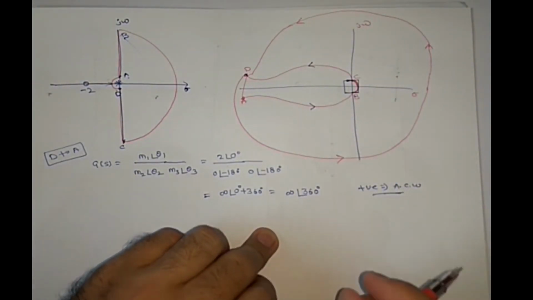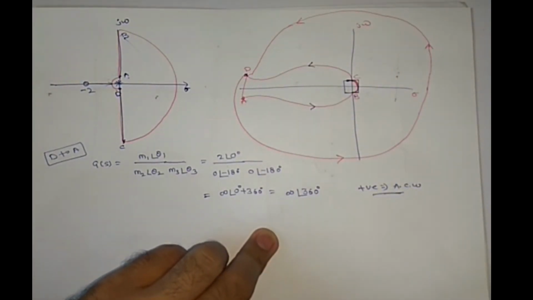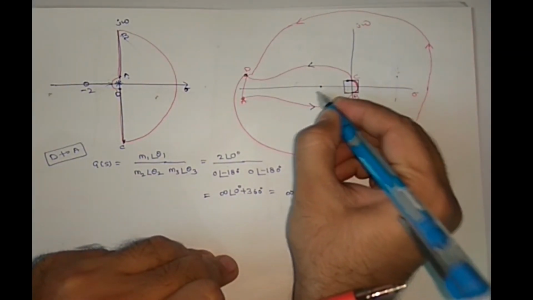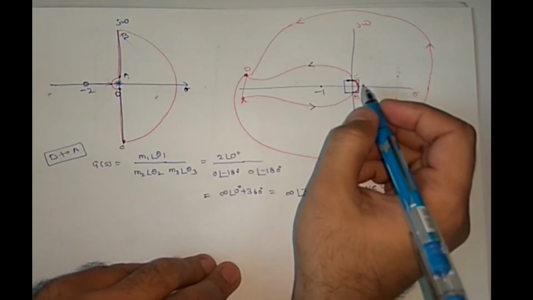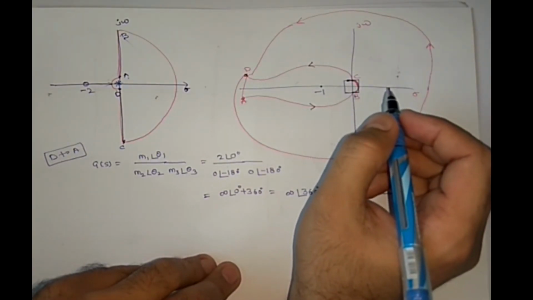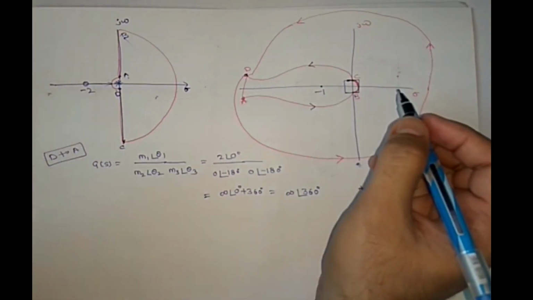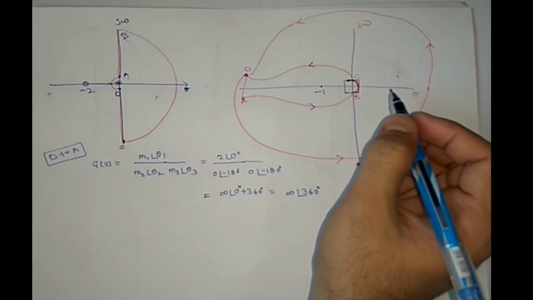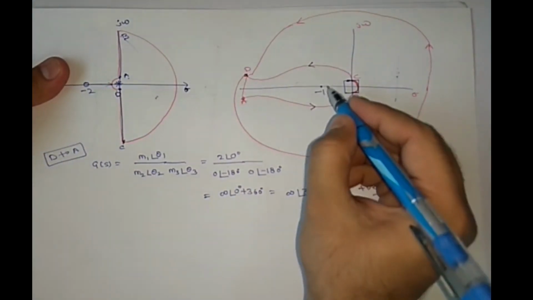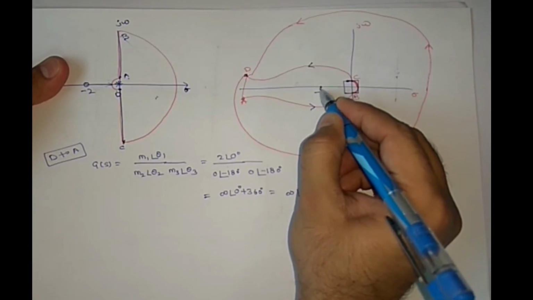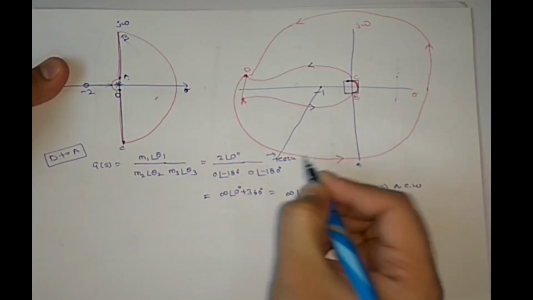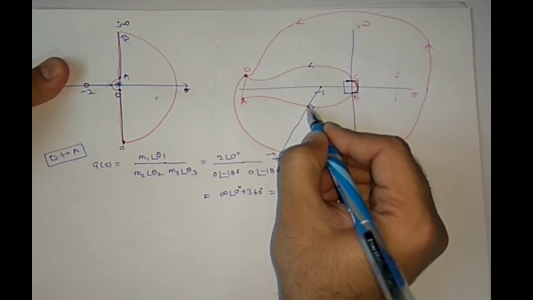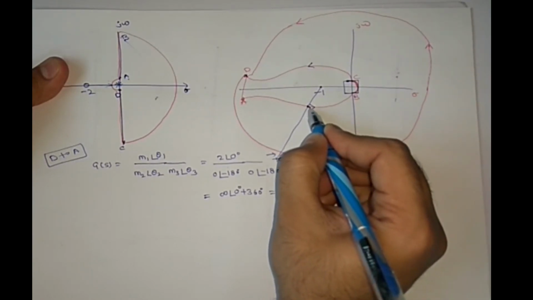Now test the number of rotations at -1. Why are we measuring at -1? Because we are plotting the Nyquist plot for the open loop transfer function. We are not drawing it for the closed loop transfer function. So now I am taking one test line. This is a test line. So with this test line, one rotation is touched. Is this clockwise or anti-clockwise?